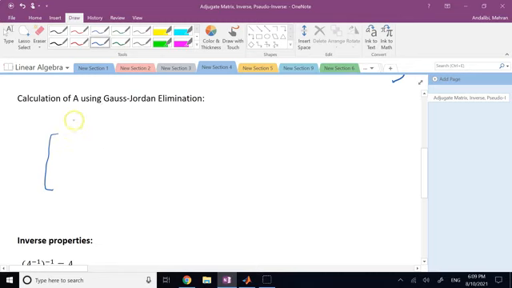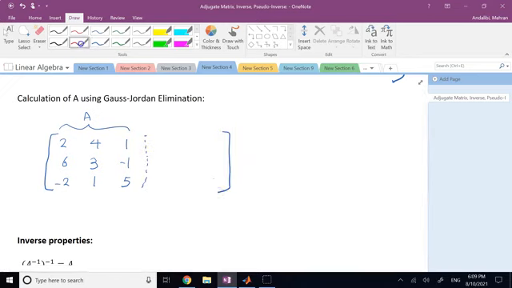So what do I mean? Let's say here, for example, A is like 2, 4, 1, 6, 0, not 0, let's not use 0, 3, negative 1, negative 2, 1, and 5, right? So you want to invert that. This portion is your A matrix. You augment to it an identity matrix of the same size.